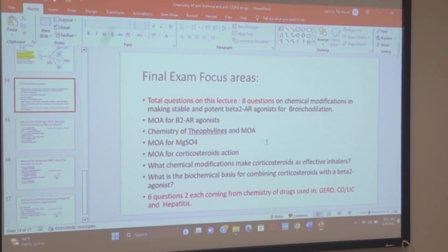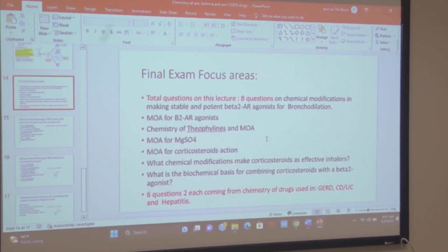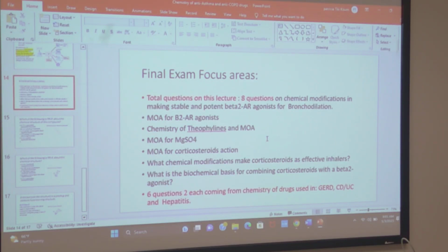Chemistry of theophylline: theophylline is a xanthine, a methylated xanthine derivative. MOA for magnesium sulfate: magnesium sulfate interferes with the calcium troponin complex formation, thereby it inhibits the calcium-induced bronchial constriction.